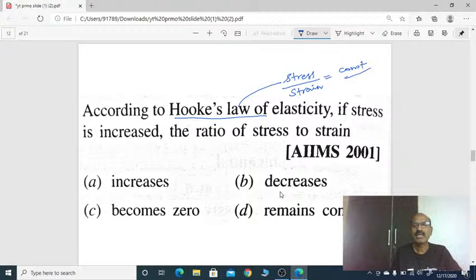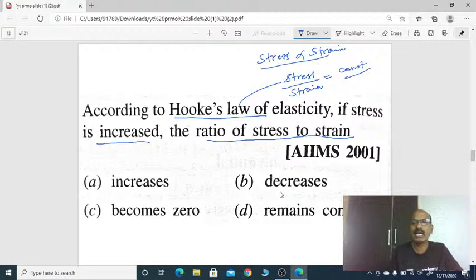Now you see, according to Hooke's law of elasticity, if the stress is increased, the ratio of stress to strain, we know Hooke's law, within the elastic limit, stress is directly proportional to strain.